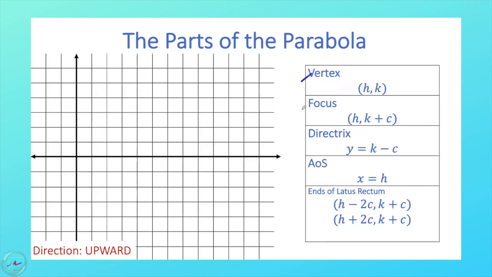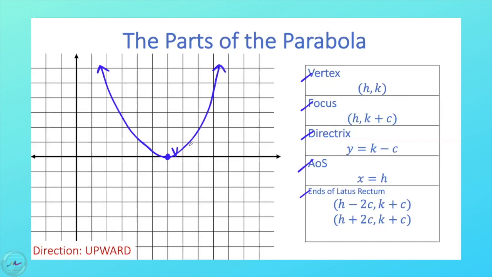We have the vertex, focus, directrix, axis of symmetry, and the endpoints of the latus rectum. So let's choose any point here on the Cartesian plane. Let's say our vertex is here. And if it's a parabola that faces up, then this would be its graph.